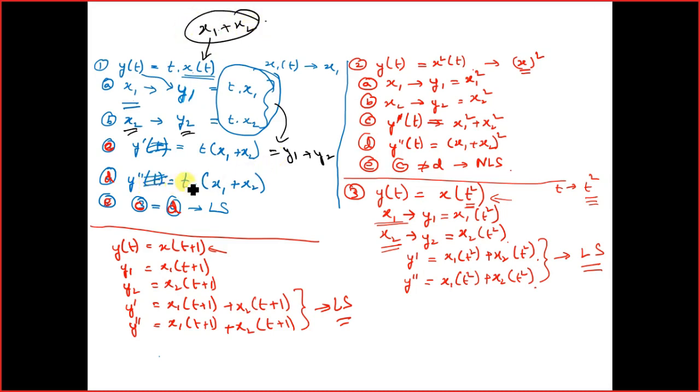So y double dash, we get the t over here, and this x(t) is being changed with x1 plus x2. So if you see, these two are equal.